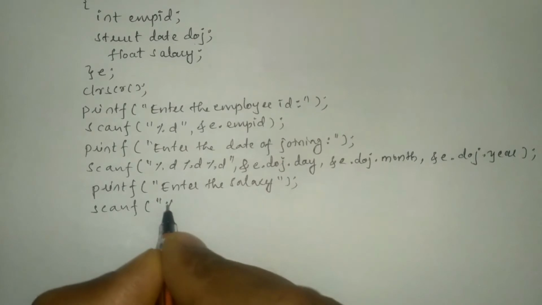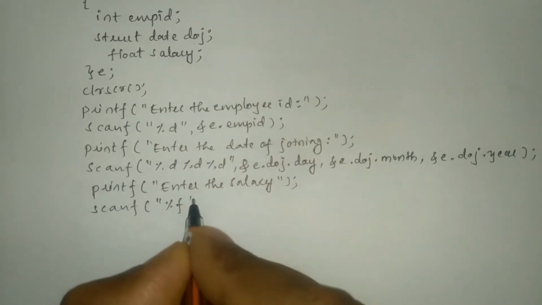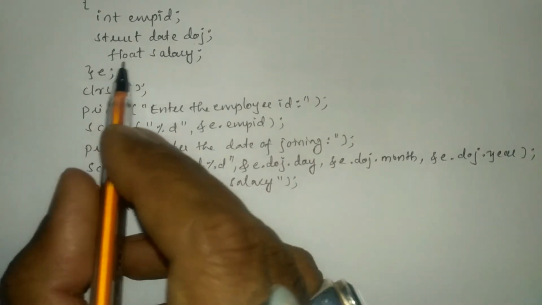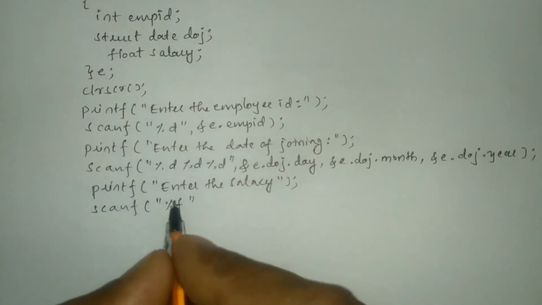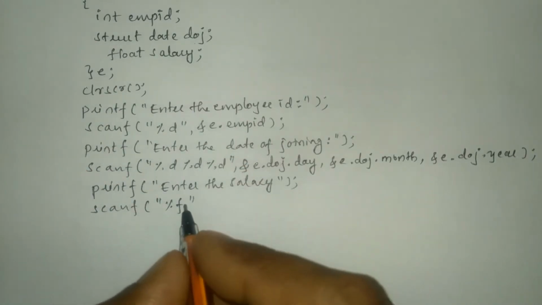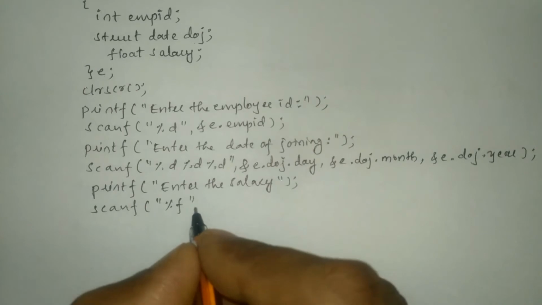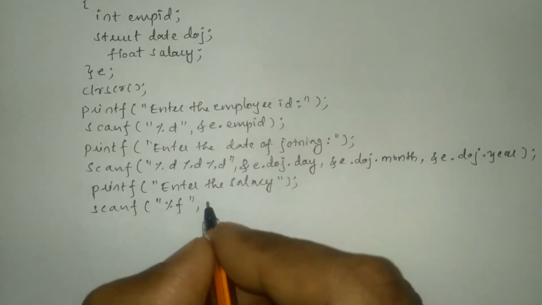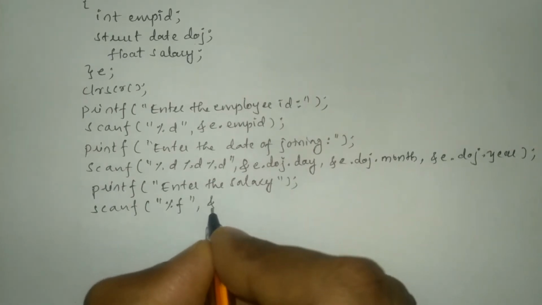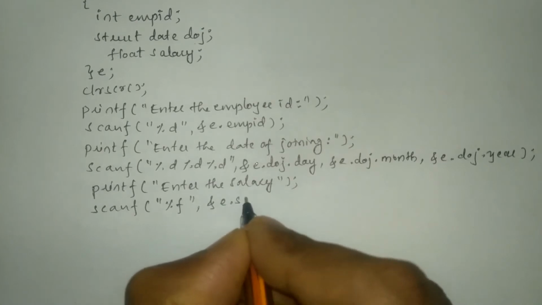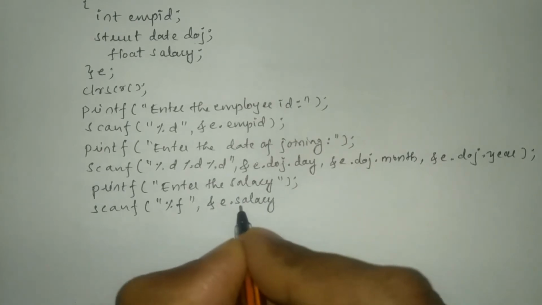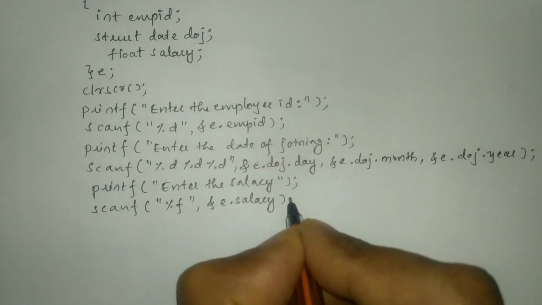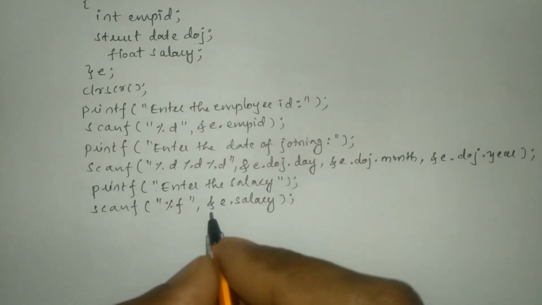So here I'm going to write the format specifier %f in double quotation marks because it is floating type data, that is the floating point format. Put comma, and here I'm going to write ampersand of E dot salary. So that is object dot salary, the name of the member.